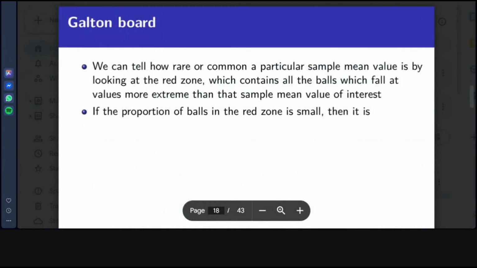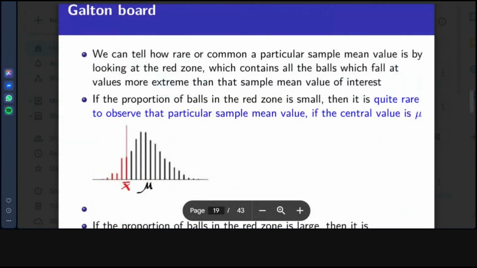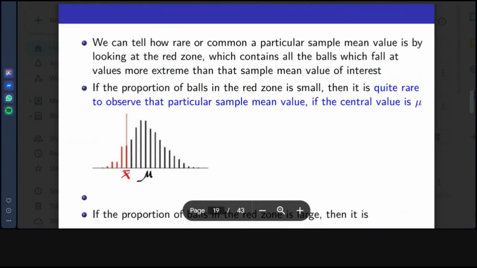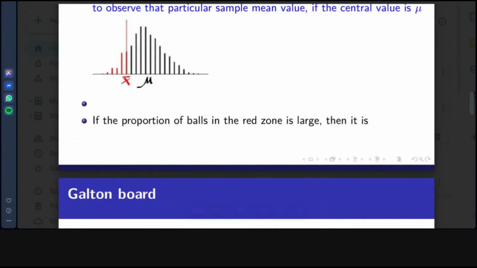So we can tell how rare any particular mean value is by checking to see whether there are many balls on the Galton board more extreme than that value. So for example, every Galton board has a center, right? And that center is mu. But if you want to see whether any particular sample mean value, let's say x bar, is something that happens quite a lot on the Galton board, then you would expect there will be quite a lot of red balls in that zone.